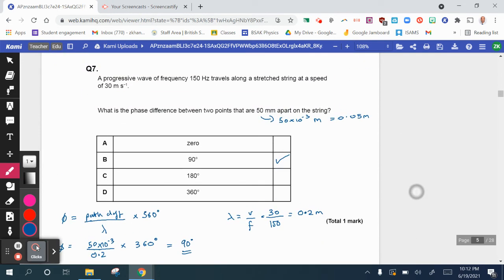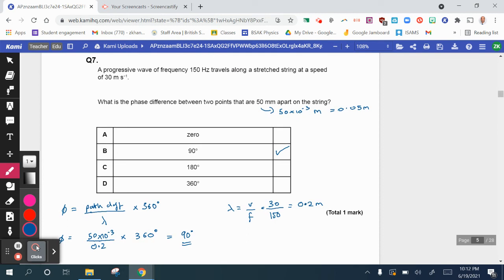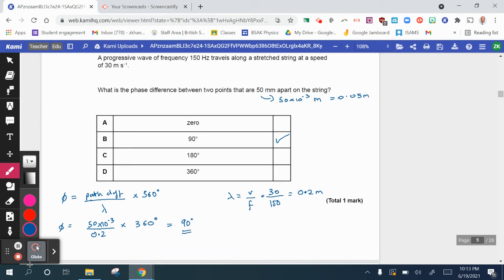So question 7. A progressive wave of frequency 150 hertz travels along a stretched string at a speed of 30 meters per second. So we've got a frequency and a speed, and we know that with frequency and speed, we can work out the wavelength.